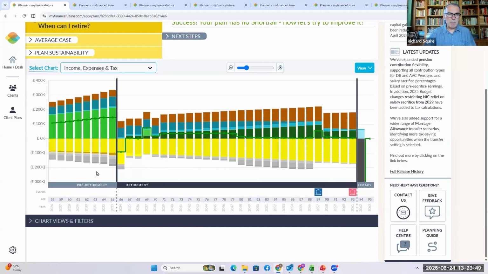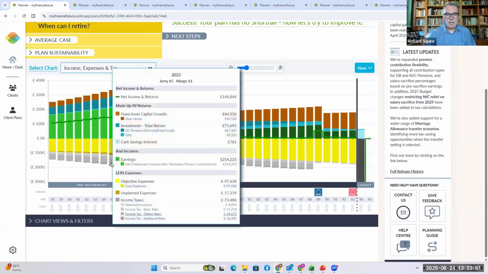And at the start, back here, we're also seeing some additional rate tax. This is because Jerry's over the 100k threshold, earning 125,000 at the start of the plan, and with increases in that, and the freeze to some of the tax thresholds that we've seen continuing for another few years, a lot more of that is being drawn into the additional rate tax, and above 100k, the 60% tax band.